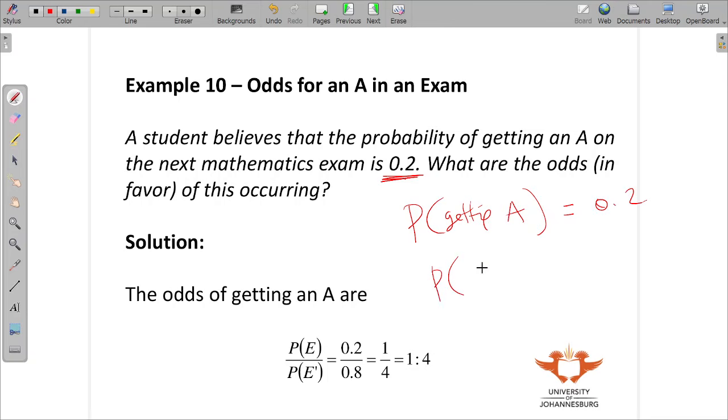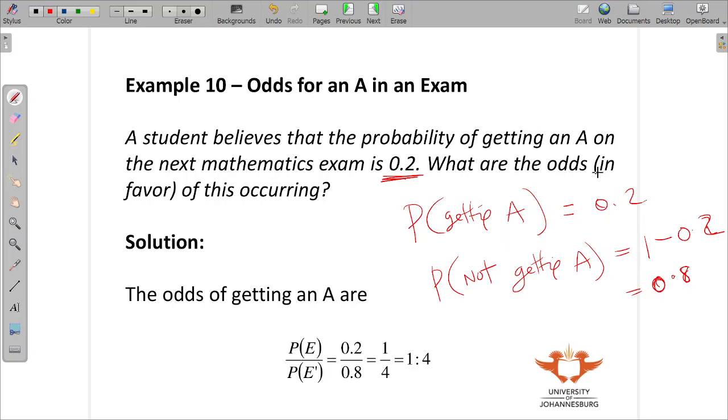What is the probability of not getting an A? It will be 1 minus 0.2, which is 0.8. So the probability of not getting an A is 0.8, while the probability of getting an A is 0.2.